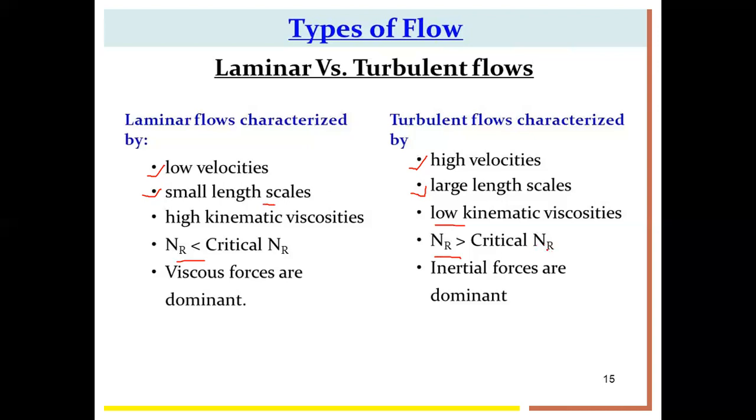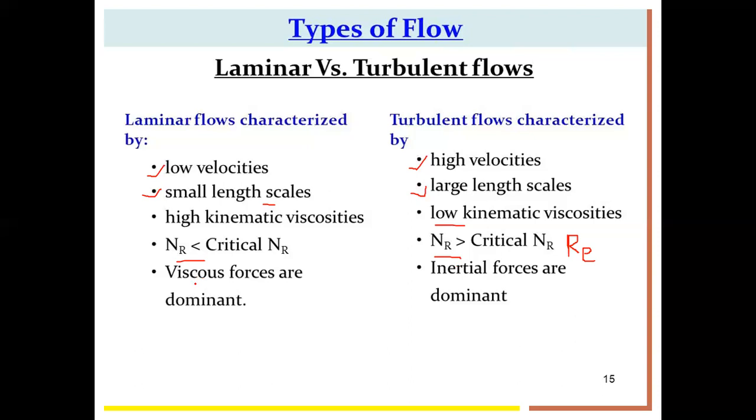The Reynolds number is written as NR, R for Reynolds, N for number. Whenever you are conducting an experiment, it can be written as Reynolds experiment, RE. So whenever the Reynolds number is less than the critical Reynolds number, it falls under laminar flow. Whenever the Reynolds number is greater than the critical Reynolds number, it falls under the category of turbulent flow.